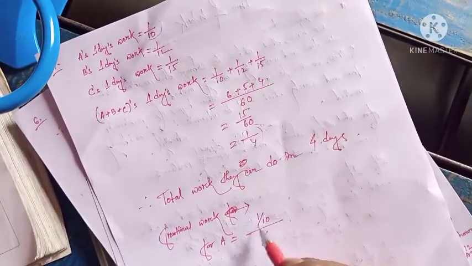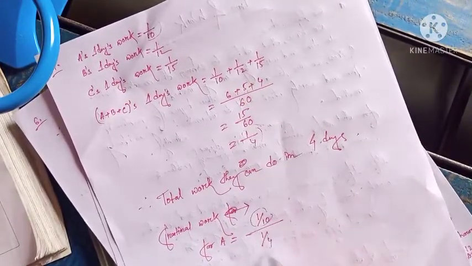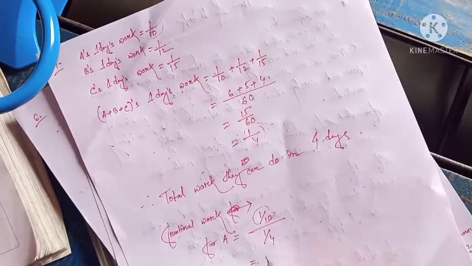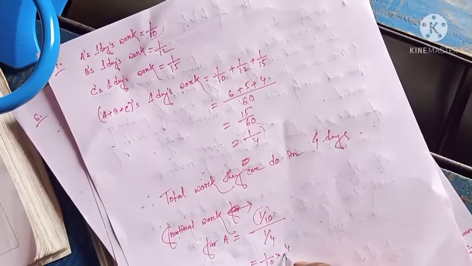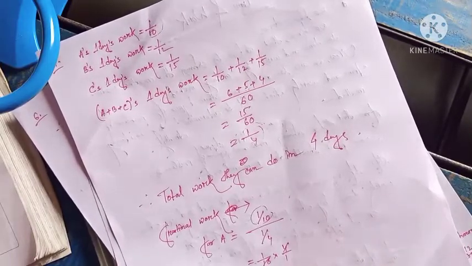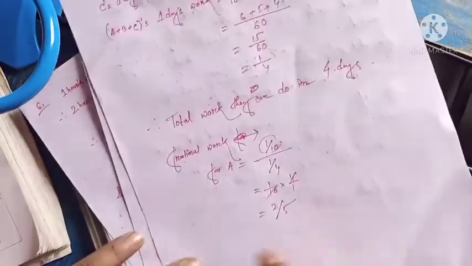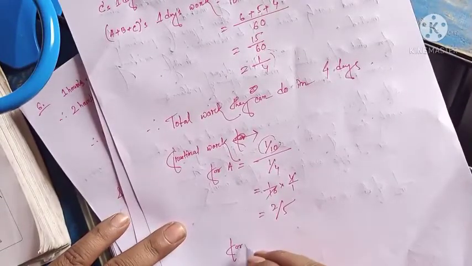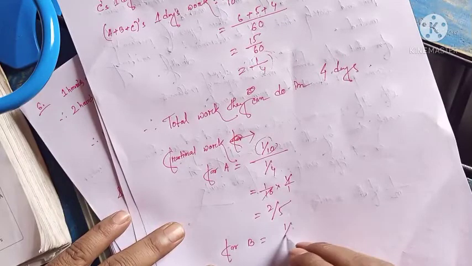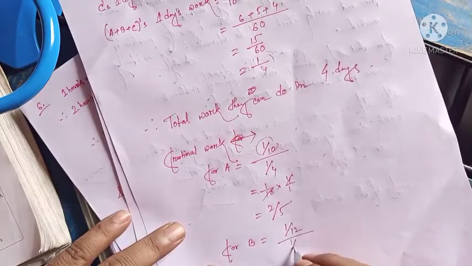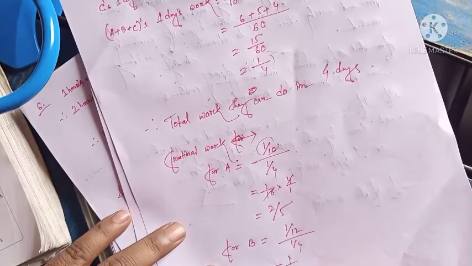So the fraction for A is A's work by total work. So it becomes 1 by 10 into 4 by 1, that means 2 by 5. Similarly for B it is 1 by 12 divided by 1 by 4, that means 1 by 3.